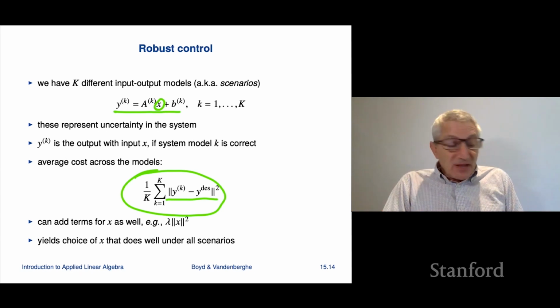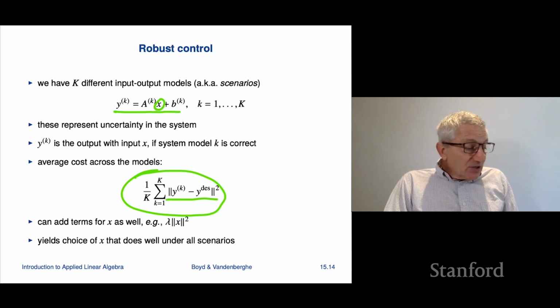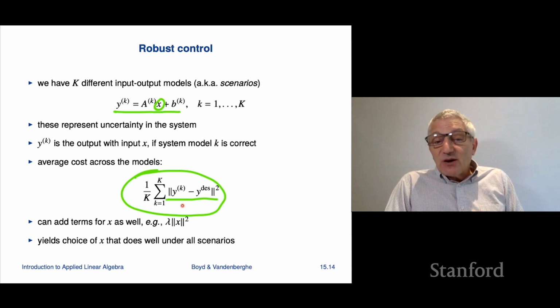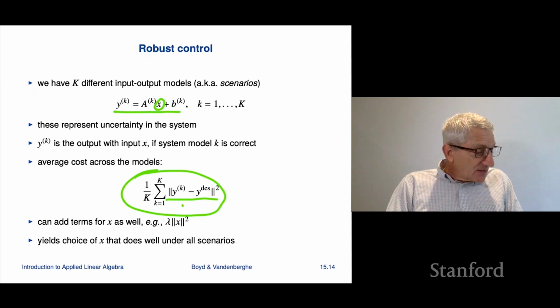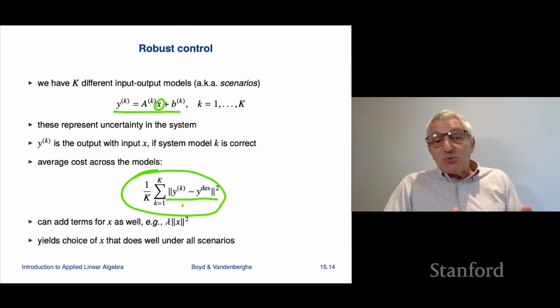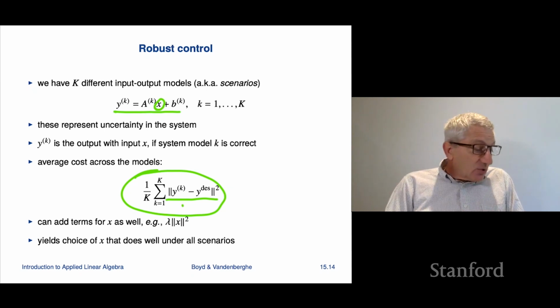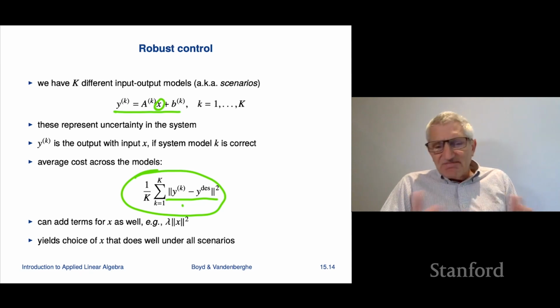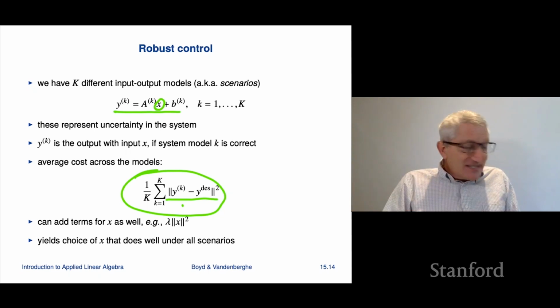So what you're going to do is take the mean and make the mean square error small. That's robust control. This will yield a choice of x that works well under all scenarios, at least in a mean square sense. It's not going to pick one and make that one 0 while the others are big. That's the idea. So that's robust control.